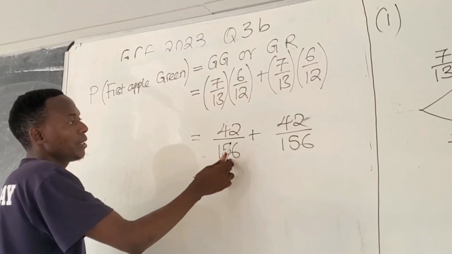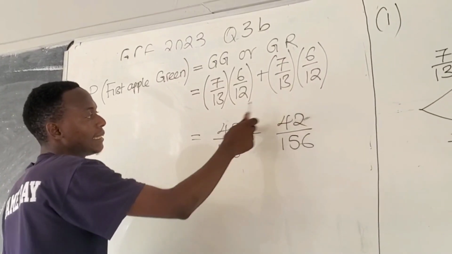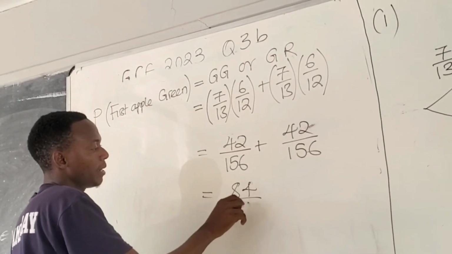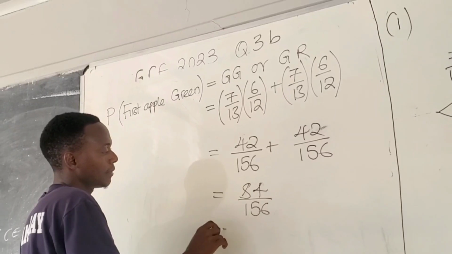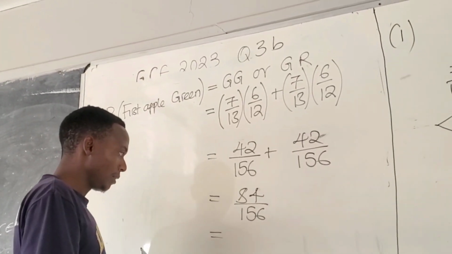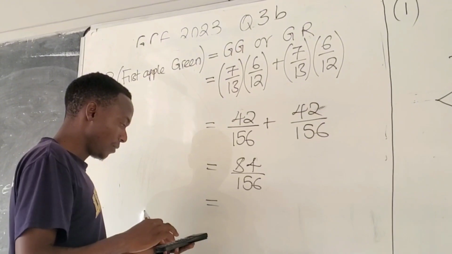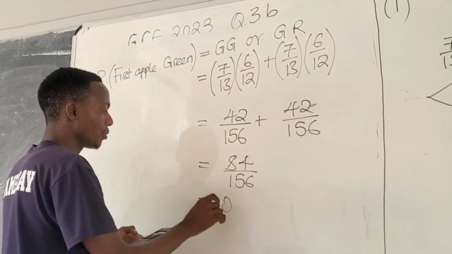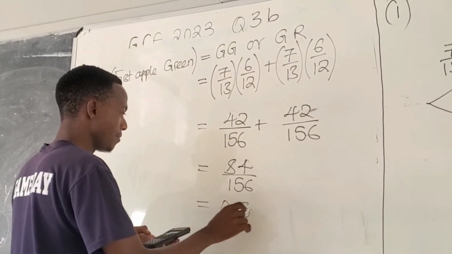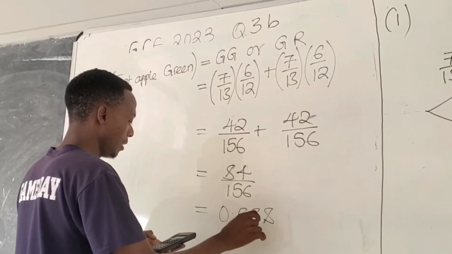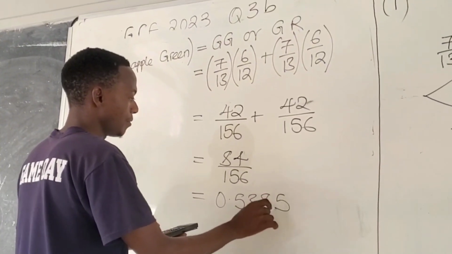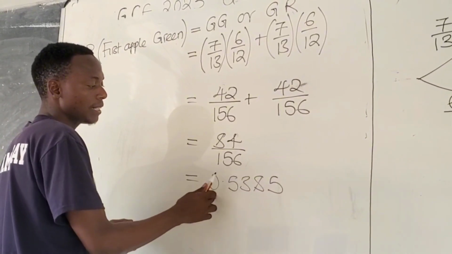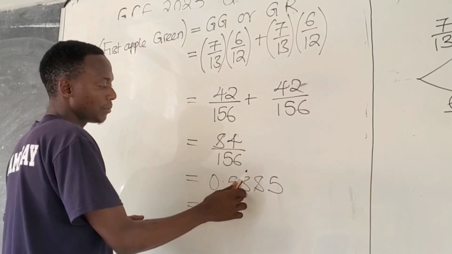Now, since we have the same common denominator, we just add the numerators, which gives us 84 divided by 156. 84 divided by 156 is equal to 0.5385.